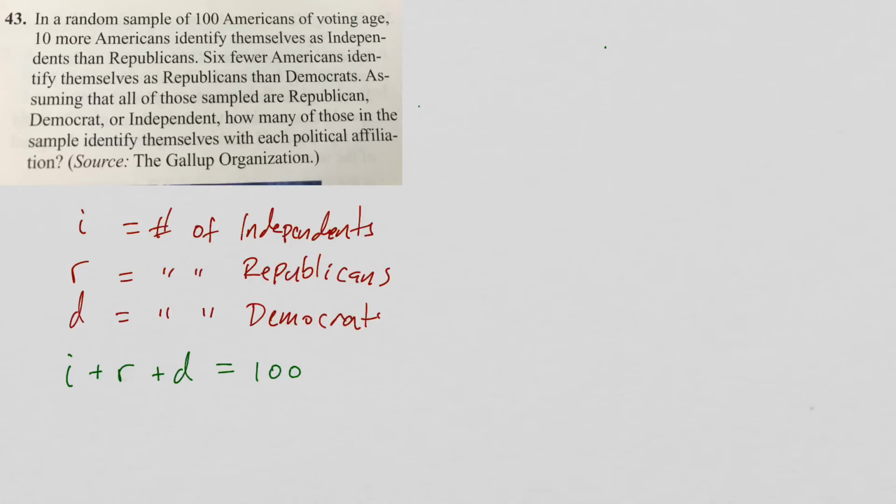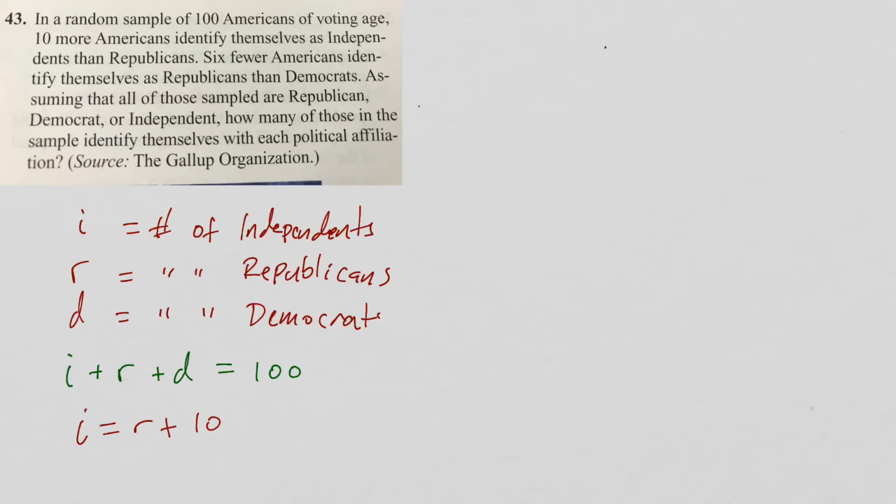So in other words, there's 10 more independents than Republicans. So we'd have to add 10 to the Republicans. Let me write that a little nicer. R plus 10. Because there's 10 more independents. So if we want to set an equality, we have to add the 10 to the smaller amount.